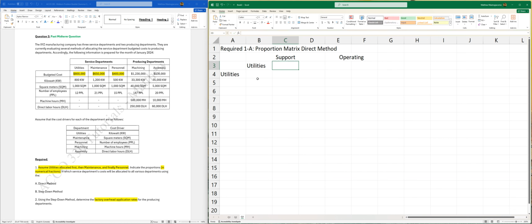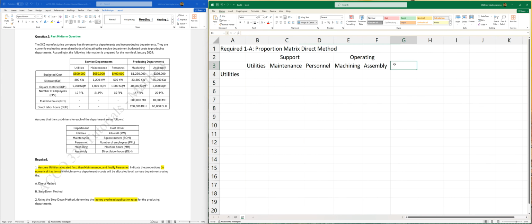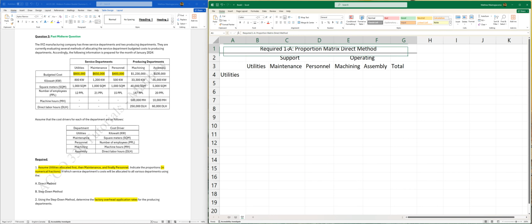Okay, then maintenance. I don't feel like typing this all out. Sorry, guys, I know you're going to have to type this out or write this out. I apologize in advance. Then I'm going to put here total. Okay. Now, guys, this is just the proportion matrix because they're not asking me for the cost for the direct method, okay? They're just asking me what would the proportion matrix look like.